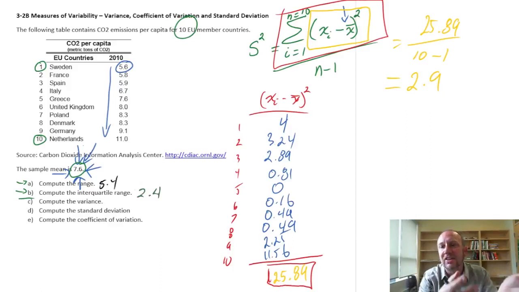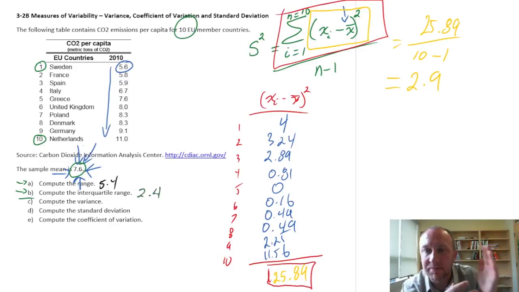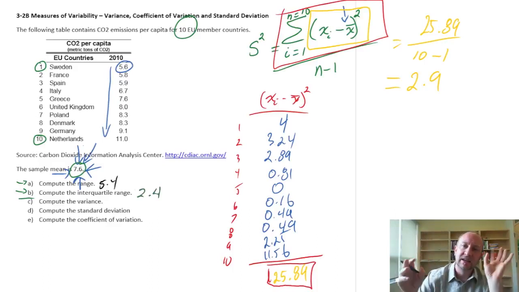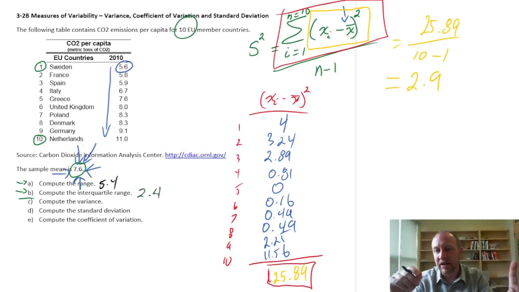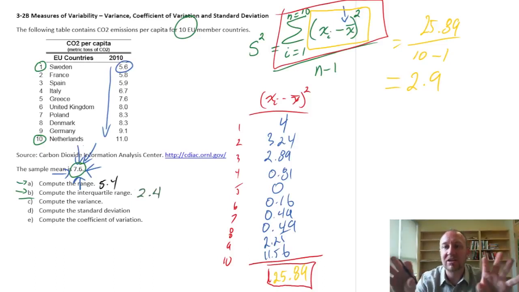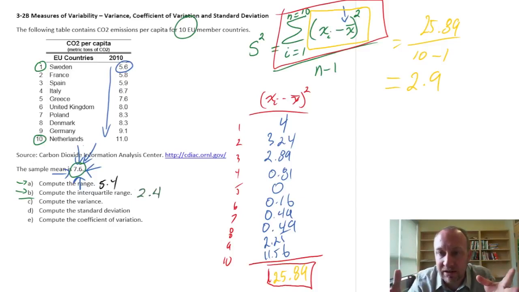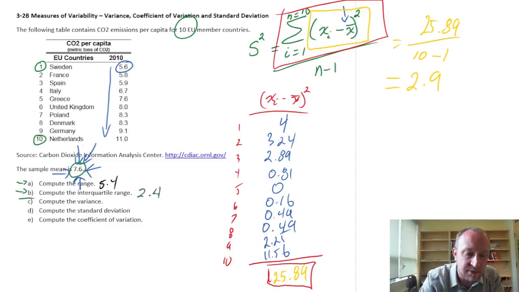If I had another sample from, say, North America or Africa or Asia, and I had a variance for those countries' CO2 emissions, then I could compare them and see which region of the world has greater variability among its countries.